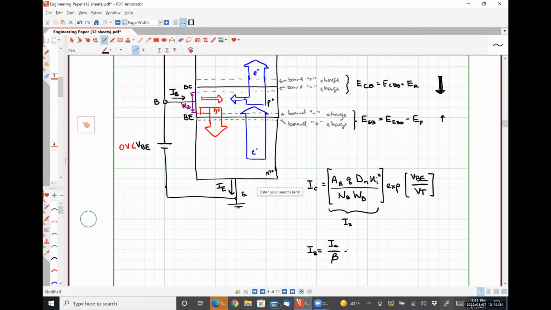Or alternatively, this would just be IS over beta times EXP of VBE over VT. Beta, put it over here, is what's known as the common emitter current gain.